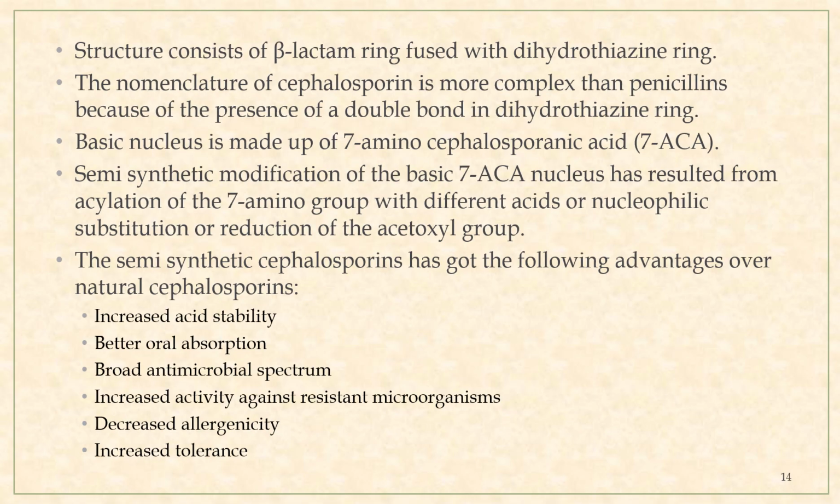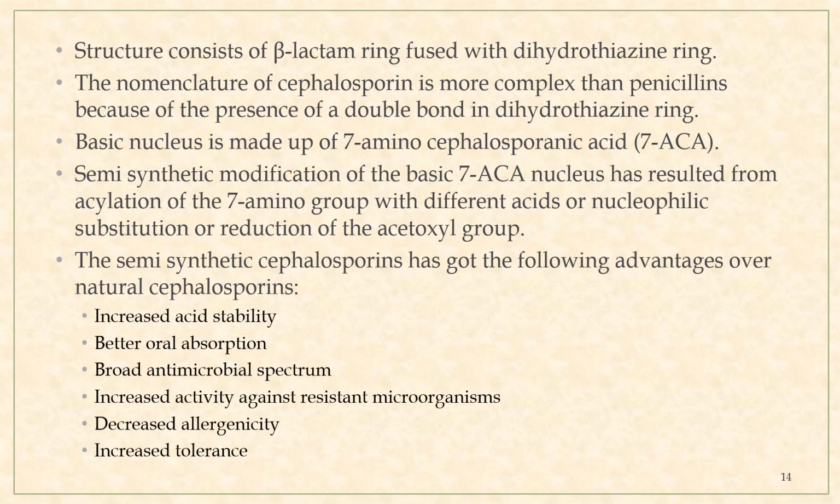The structure consists of a beta-lactam ring fused with a dihydrothiazine ring, and the nomenclature of cephalosporins is more complex than that of penicillins because of the presence of a double bond in the dihydrothiazine ring. The basic nucleus is 7-amino cephalosporanic acid. Semi-synthetic modification of this nucleus has resulted from acylation of the 7-amino group with different acids, nucleophilic substitution, or reduction of the acetoxy group.